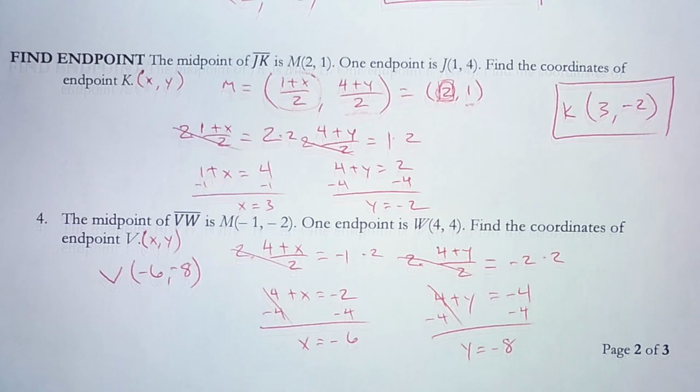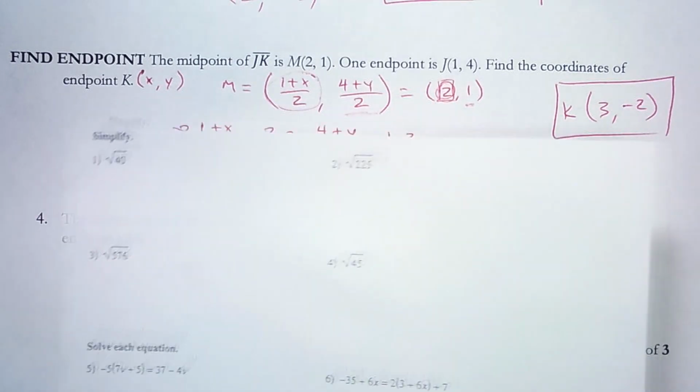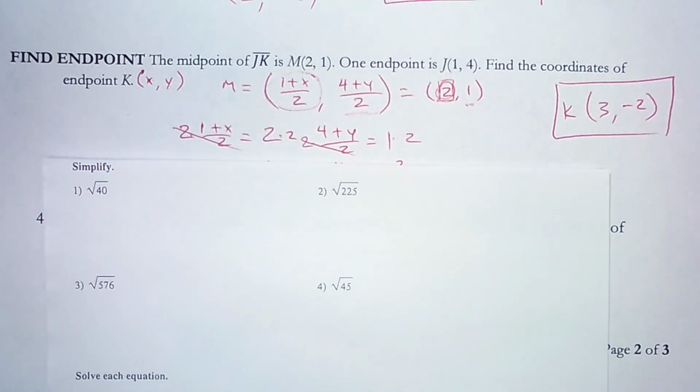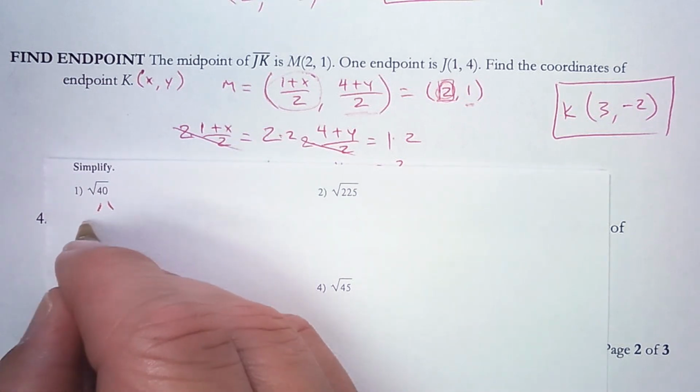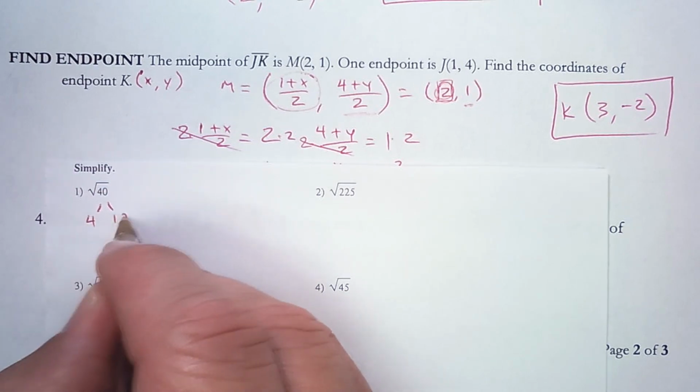Okay, now I want to finish up today's lesson with a little review of simplifying radicals. This will set us up for what we need to do tomorrow. So to simplify a radical, let's do a factor tree. 40 is 4 times 10.